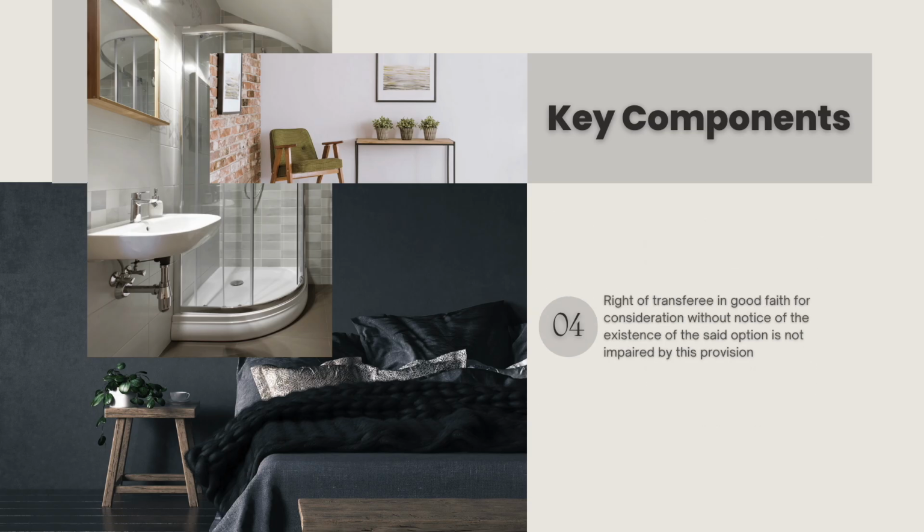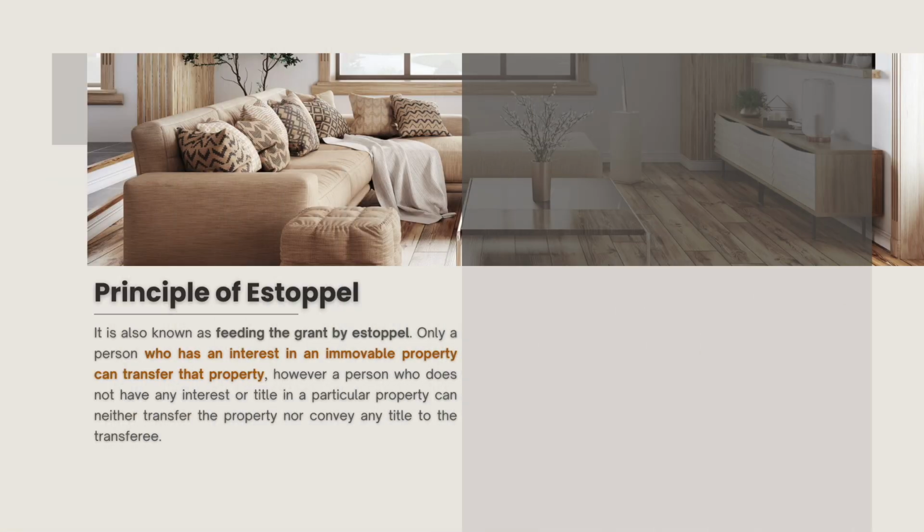The right of transferee in good faith for consideration without notice of the existence of the said option is not impaired, is not affected by this provision. Of importance here too is the principle of estoppel, on which this section is based. Here it is also known as feeding the grant by estoppel, as we discussed earlier.